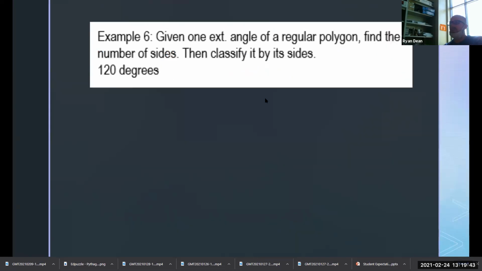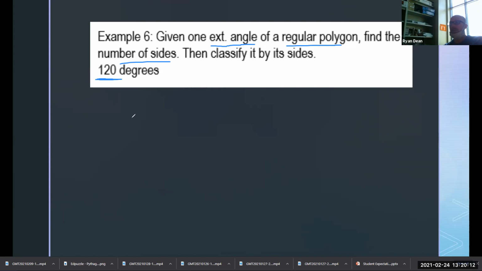Okay, last example here. This one, you have to kind of work backwards a little bit and really pay attention to what's said here. So what they tell us is that we're given one exterior angle of a regular polygon. They want us to find the number of sides that it has. So the exterior angle that's given is 120 degrees. Okay, so I start with what I know.